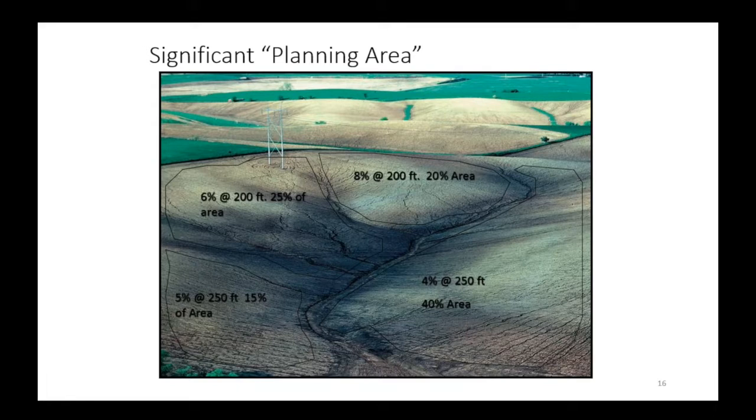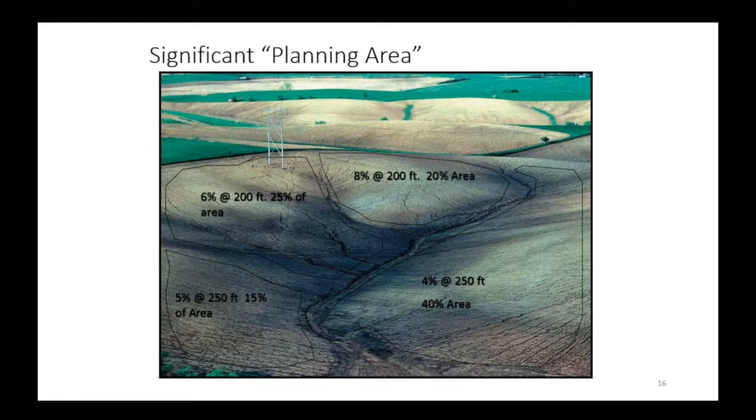And so we may be treating that landscape 8% 200 feet, 6% 200 feet in slope land to a certain soil loss. But do you know that perhaps 4% at 250 feet, the sediment delivery to that protected area may be higher? So yes, when we talk about significant planting area, it is important.